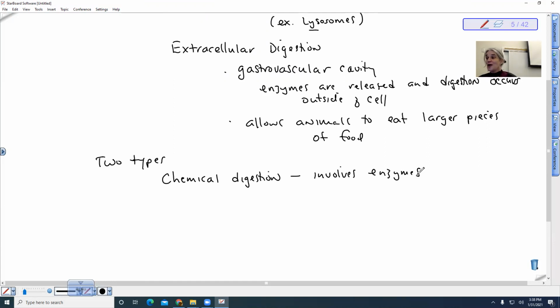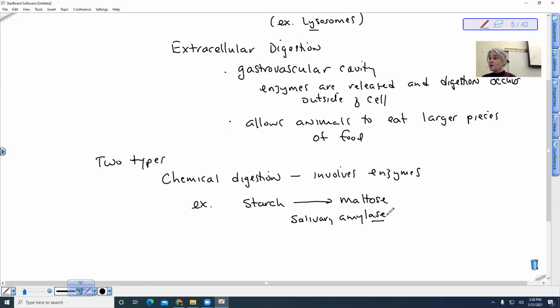For example, we have enzymes in our saliva that break down starch. An example would be starch being broken down into smaller carbohydrates. Maltose is two glucose, starch is a lot of glucose. This is done by a chemical called salivary amylase.